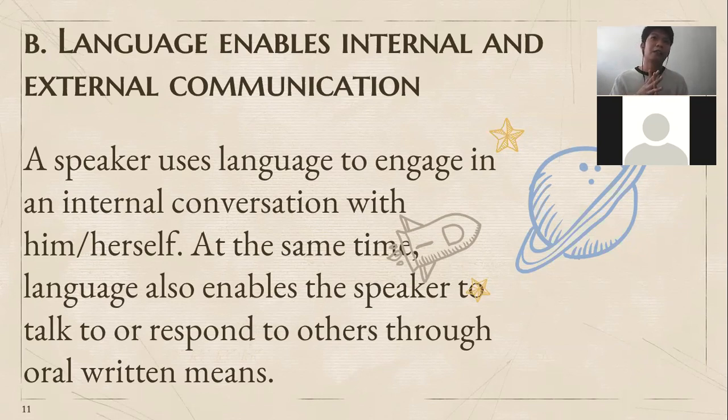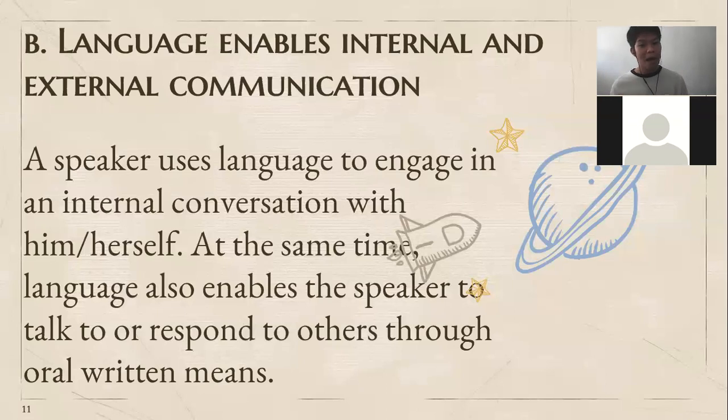So in the context of communication, there are various forms. We have intrapersonal, interpersonal, mass communication, public communication. So the most basic context of communication is intrapersonal, meaning you know how to communicate within yourself.